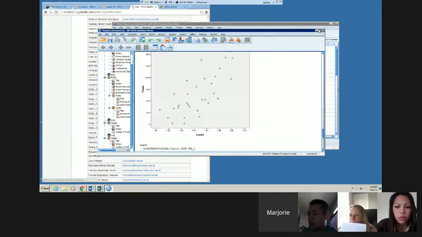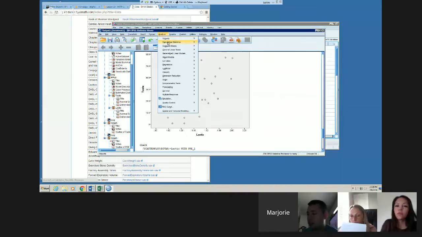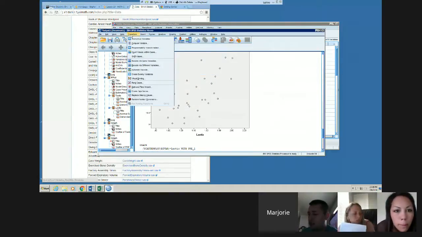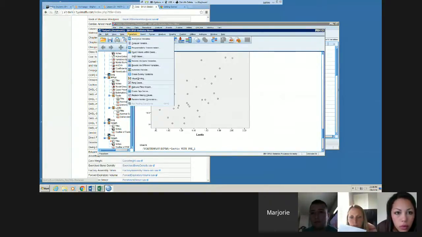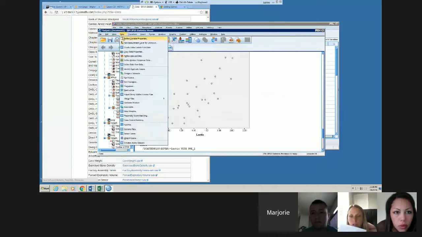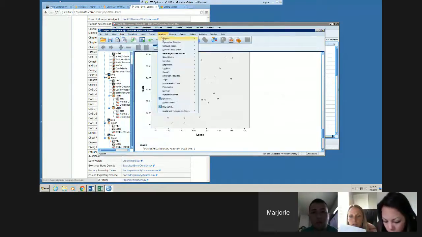You go back to analyze, regression, and linear. Go to analyze, and then regression is right here. Yeah, linear.